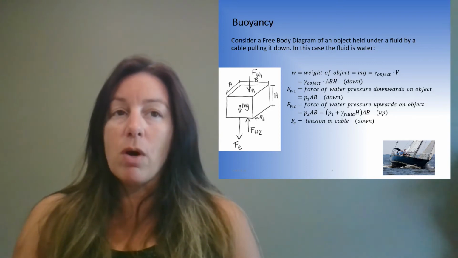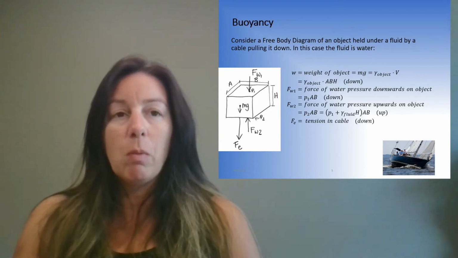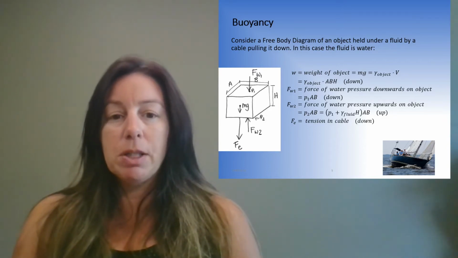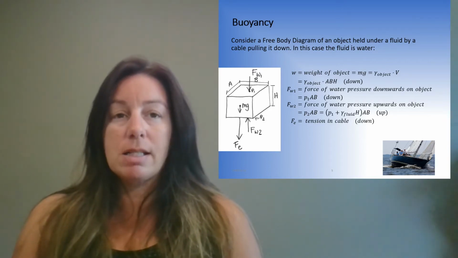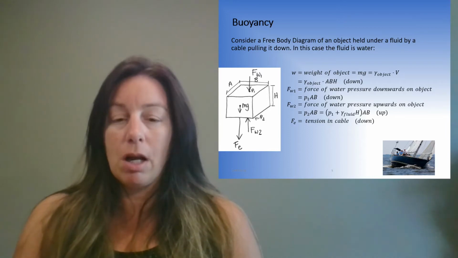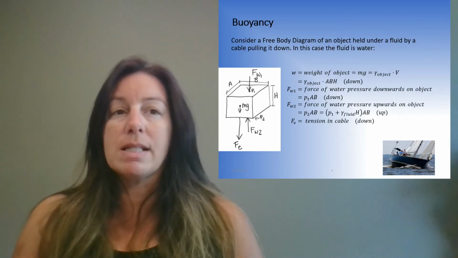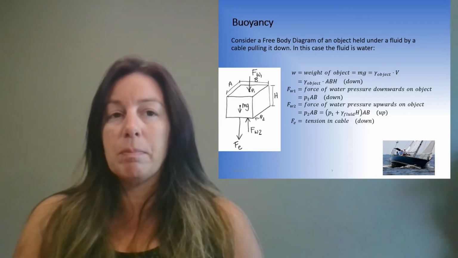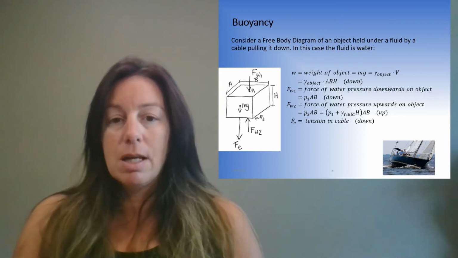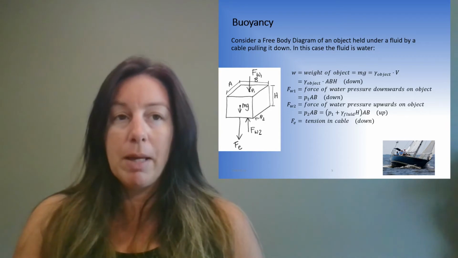We've got F subscript W2, which is the force of the water pressure on the bottom of the object. You can see it's acting upwards. And what's this equal to? It's equal to that second pressure times that area, which is still A, B.